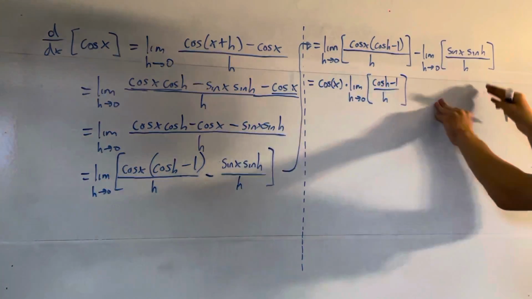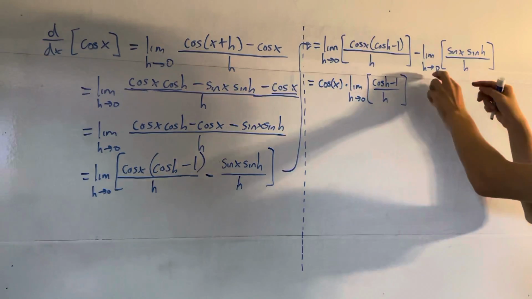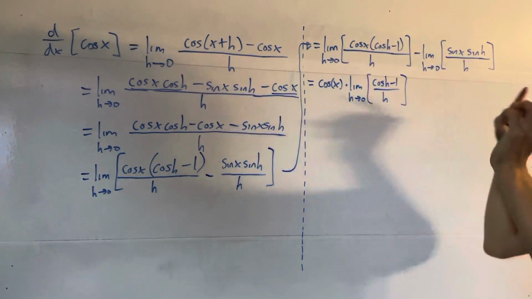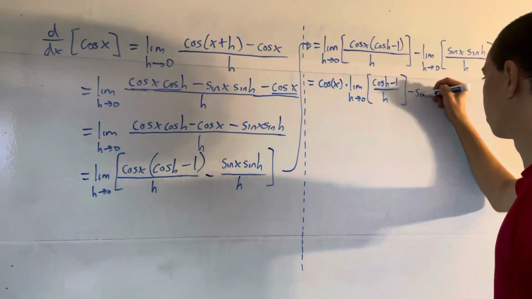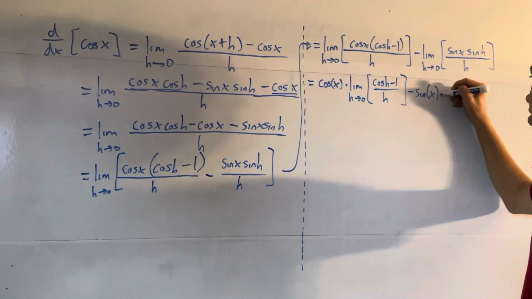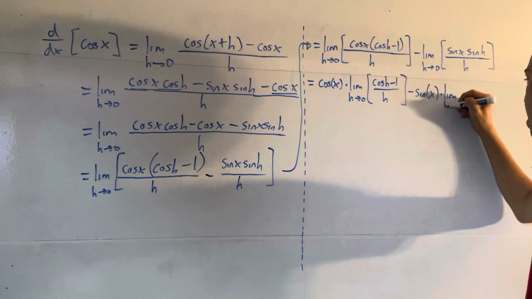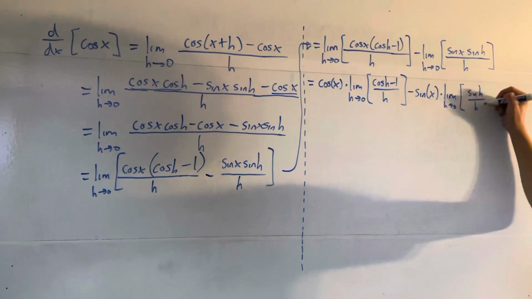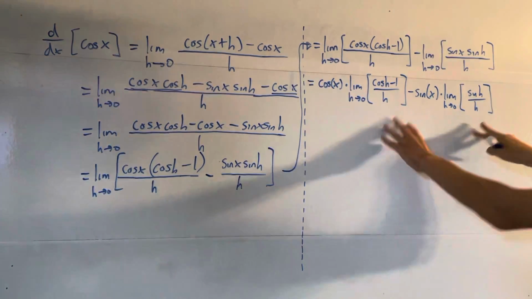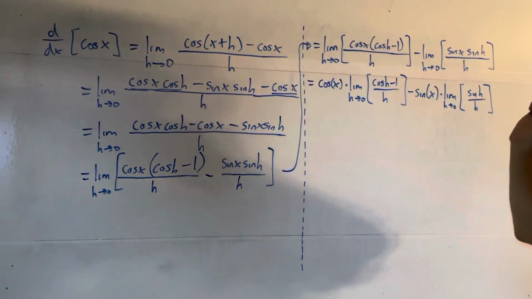And the same thing here, we could bring out sine of x because as h approaches 0, x is not affected by that. So we could just bring sine of x out in front, where we get minus the sine of x times the limit as h approaches 0 of the sine of h over h. So this is where we're at now, all right?